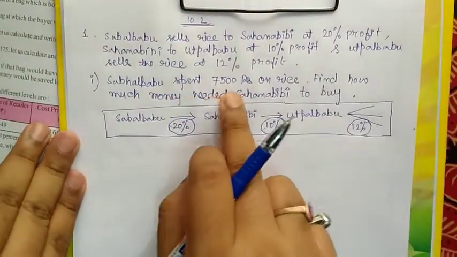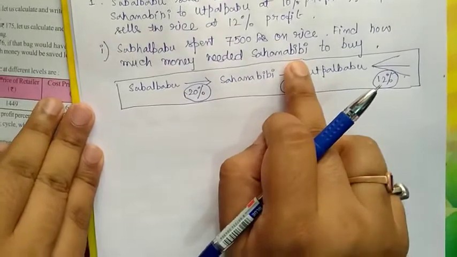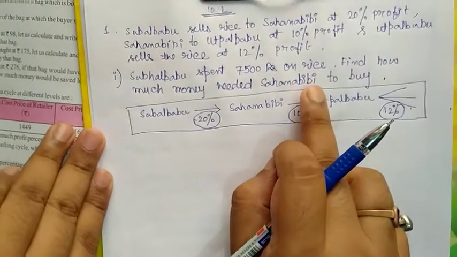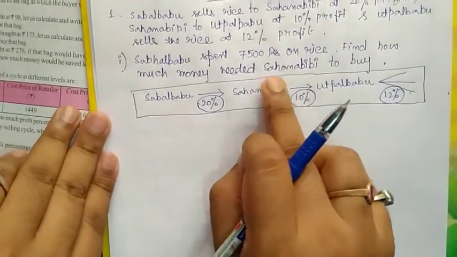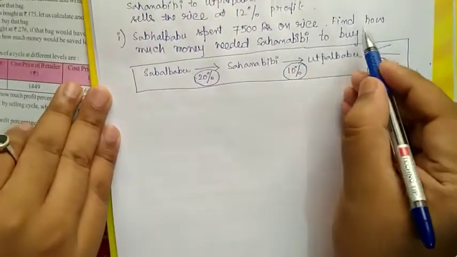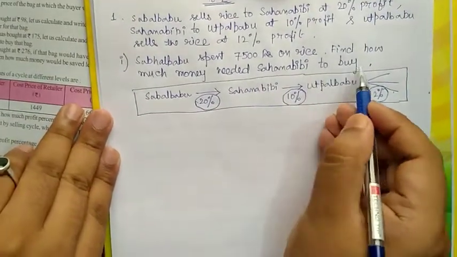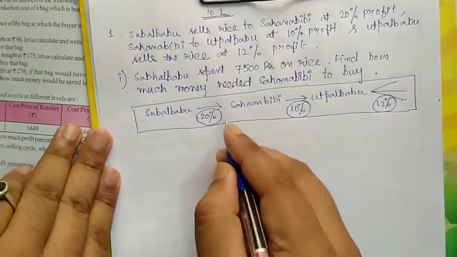Now Subol Babu spent 7500 rupees on rice. Find how much money Shahana Bibi needed to buy. So Subol Babu sells it to Shahana Bibi at 20% profit.